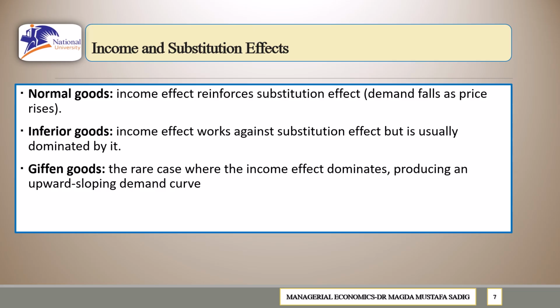So, the normal goods, let us take the normal goods and try to explain it again. Both effects, the substitution effect and the income effect, reinforce one another. Demand rises significantly when the price of a substitute increases.